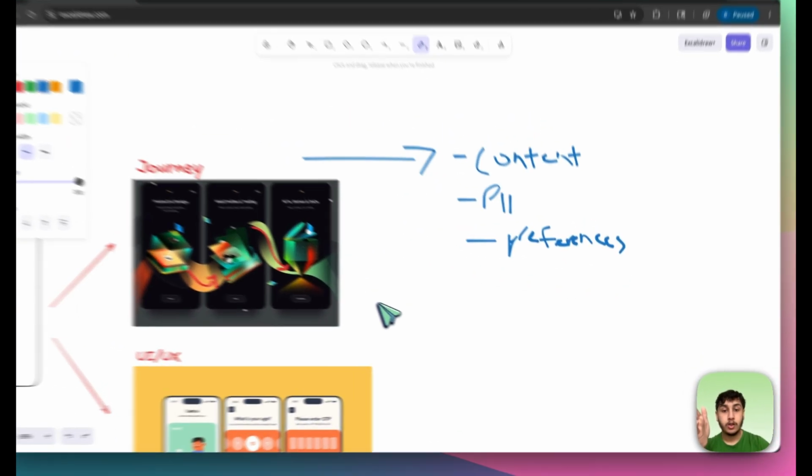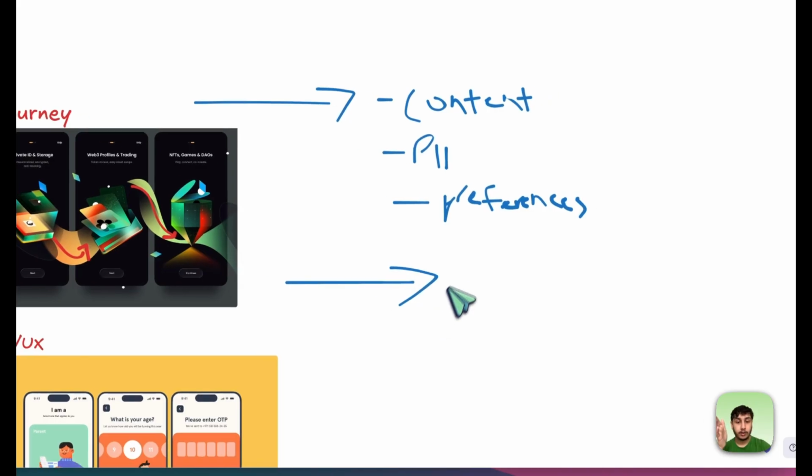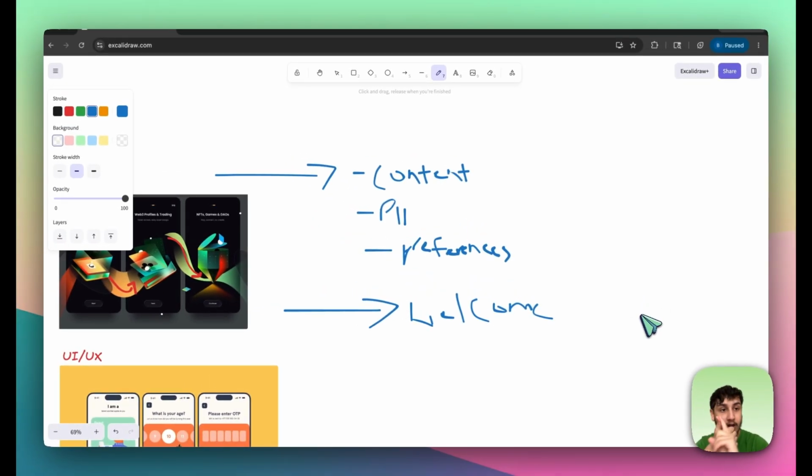So for your journey, you should be starting with ideally a welcome, right? The user just had to find your app, and not only did they have to find your app, there was a friction of downloading your app, and that's based on your ASO and how your app even portrays itself in terms of branding. So you have the welcome screen that you should be showing your user.